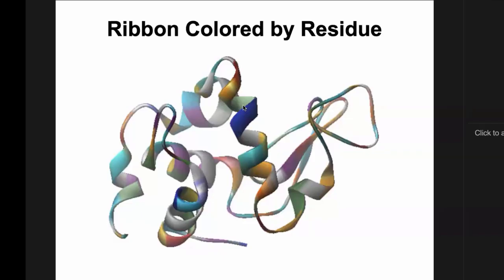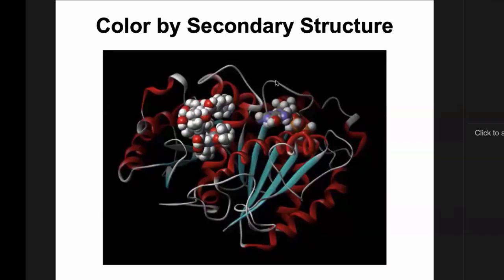So this dark blue one here would be either lysine or arginine. Looks like there's some yellow ones, which would probably be the sulfur-containing ones, like cysteine and methionine.